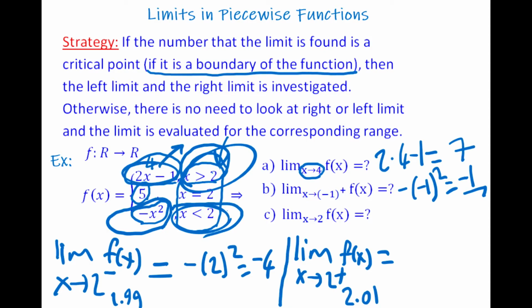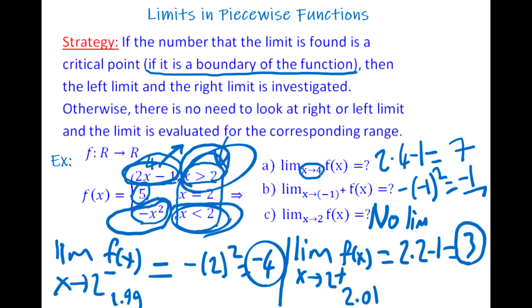In this case, I'm going to have 2 times 2 minus 1, 4 minus 1, which is 3. So what I see here is the left limit is -4 and the right limit is +3. Because the left limit is not equal to the right limit, there is no limit in this case. So in C, there is no limit. We can write it like that.